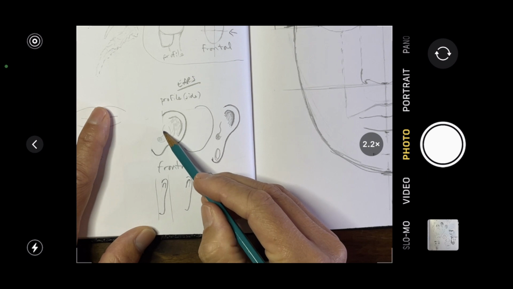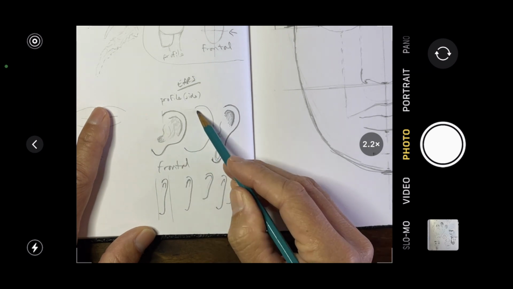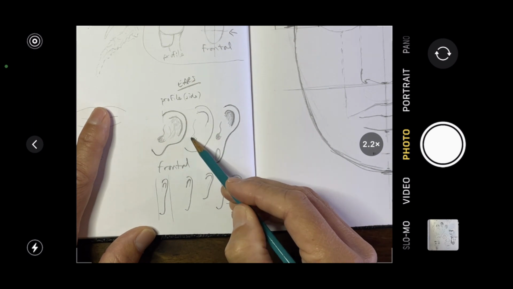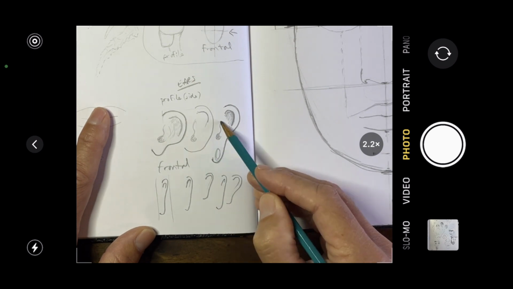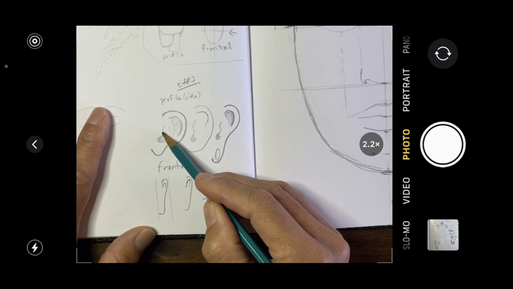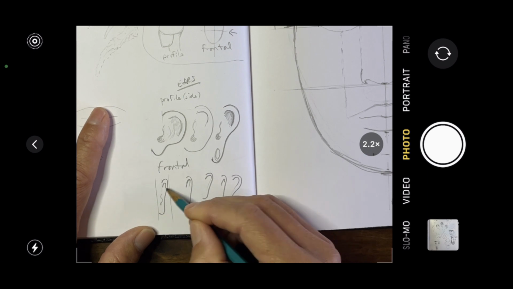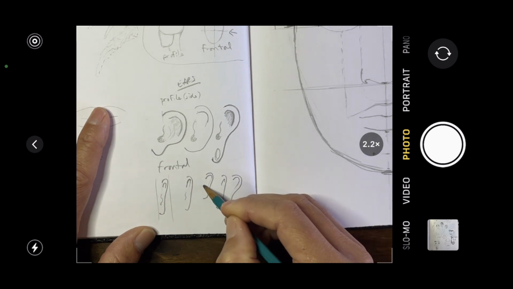And if you really want to get this, it's not really necessary for our purposes today, but if you get the hole of the ear, where the ear hole is, you could shade that in. There's this bump that protects, I guess, a little cartilage sticking out right there. So when we're looking at it from the front, it actually sticks out a little, well, not quite that much, but there's this little bump.